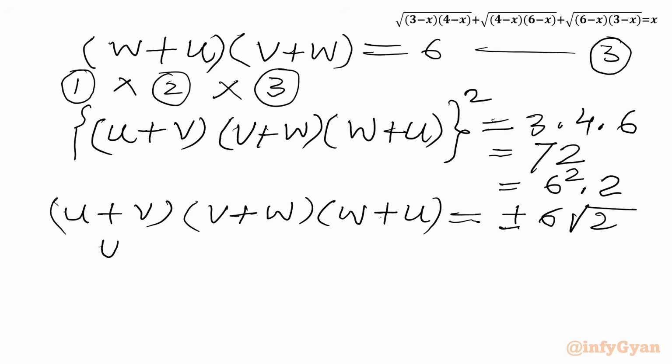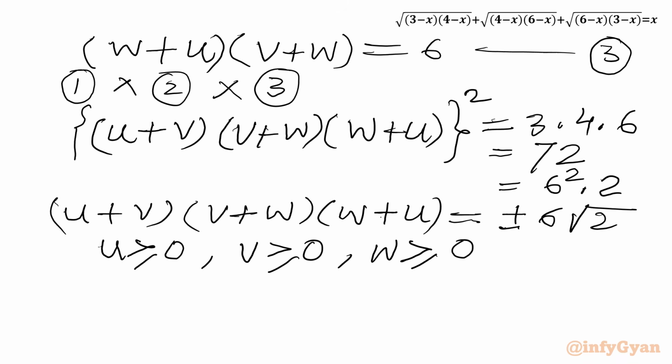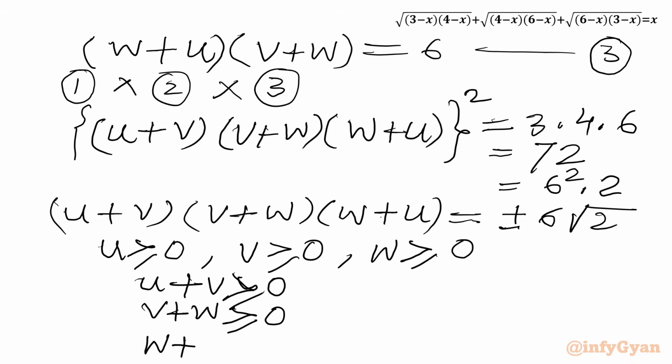Now we have conditions on u, v and w. They are non-negative. So if u is greater than or equal to 0 and v is greater than or equal to 0, then u plus v must be greater than or equal to 0. Similarly, v plus w must be greater than or equal to 0. And similarly, we write the third inequality, w plus u must be greater than or equal to 0.